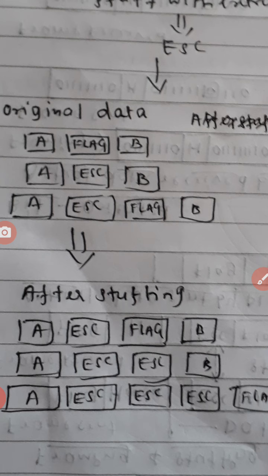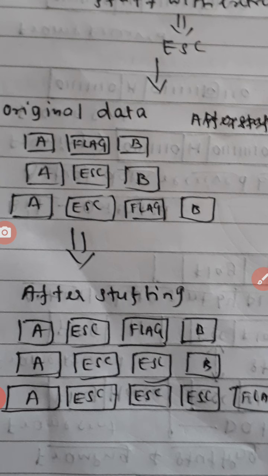In the same manner, we have the second message, where we have character A, character escape and character B. Now in this data, the escape itself is part of the original data. In such a case, byte stuffing is done as character A, then this escape is prefixed with another escape, then the character B. So when the first escape character is encountered, the receiver will discard it and consider the next escape as data.